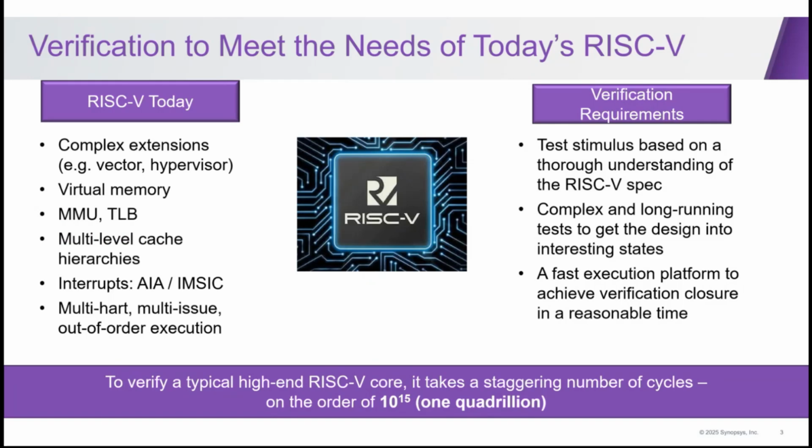RISC-V, if you look back, 2010, I think, is the first release of RISC-V from Berkeley University. If you look at today's typical RISC-V design, it's much, much more complicated compared with the first release 15 years ago. There are so many extensions, vectors, hypervisors, different floating point data support, etc. You can also see virtual memory is popular now in common RISC-V design: MMU, TLB, PMA, PMP, all this kind of fancy stuff.